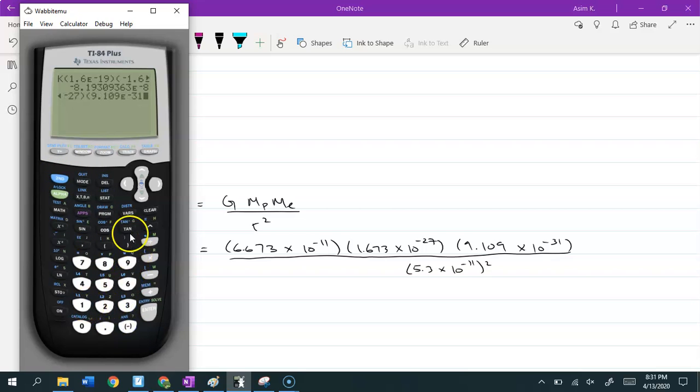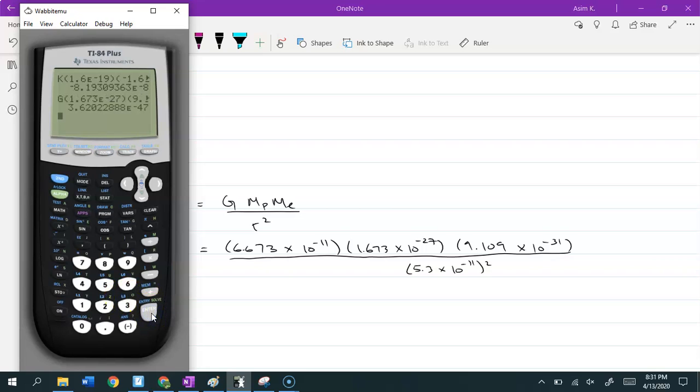So put that in right there. And then all of that is divided by 5.3 times 10 to the power of negative 11, and that is squared, so like this. And here is the answer that we get.